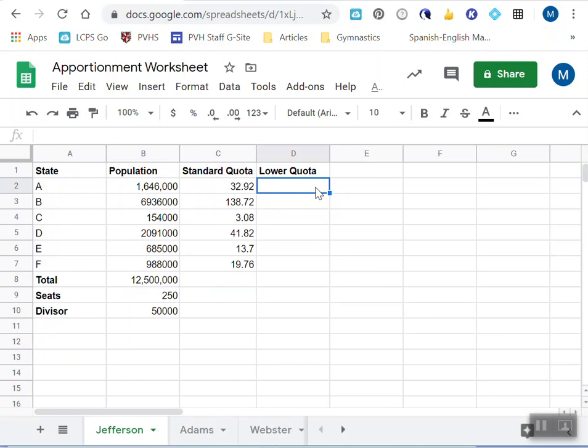So if I type equals floor parenthesis and click on my standard quota and hit enter, it will round all of these numbers down. And I can copy and paste that. Now, I want to add these up and see how many seats that is. So I'm going to type equals sum and add up these cells. I have only apportioned 246 seats, but I'm supposed to have 250. So I'm going to write this down on my slide and we'll come back.